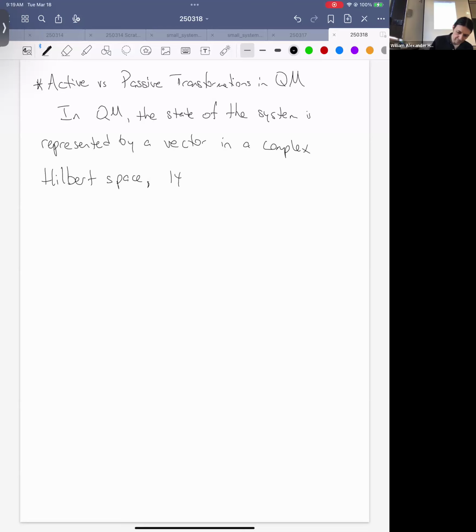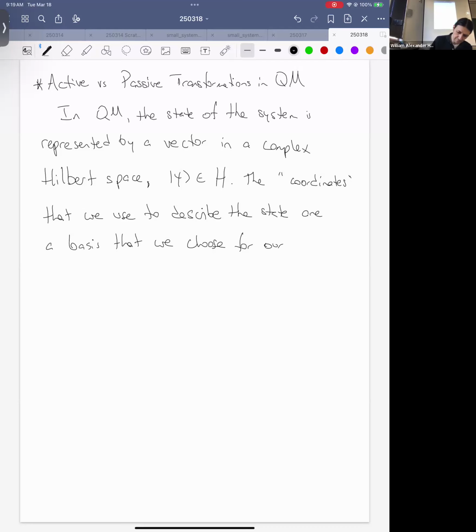So we have some psi ket, which is in some H. And the, in air quotes, coordinates that we use to describe the state are a basis that we choose for our Hilbert space.